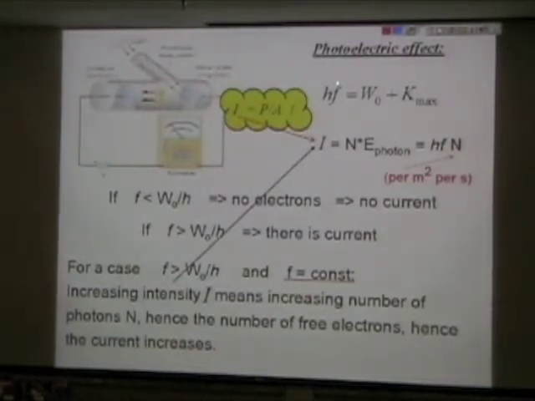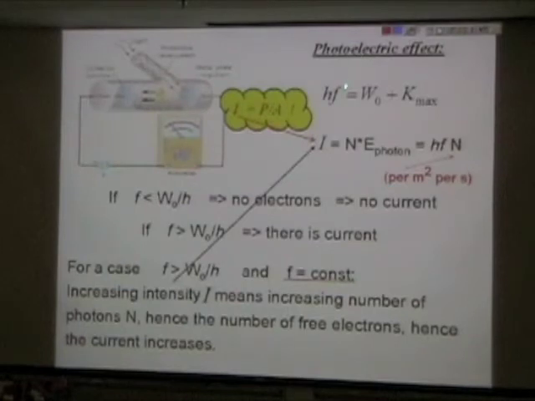How does it affect the maximum kinetic energy of electrons? Well, it depends on what we're changing. Let's say we're increasing the frequency. That means we're supplying more kinetic energy to electrons. Let's say we're increasing the number of photons.